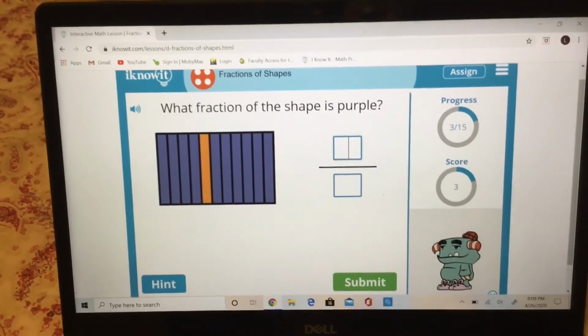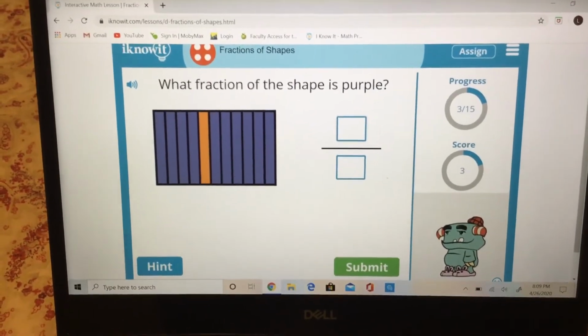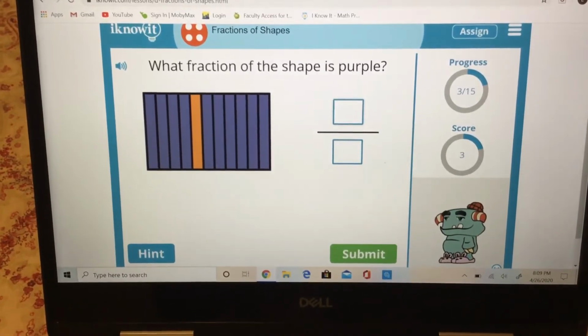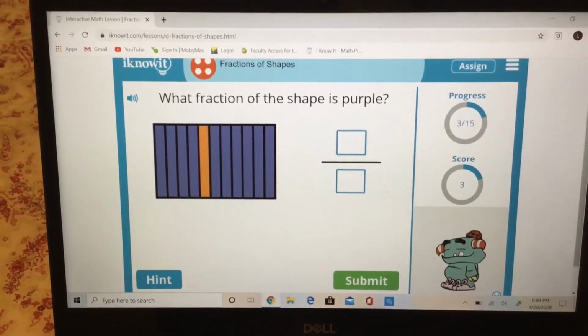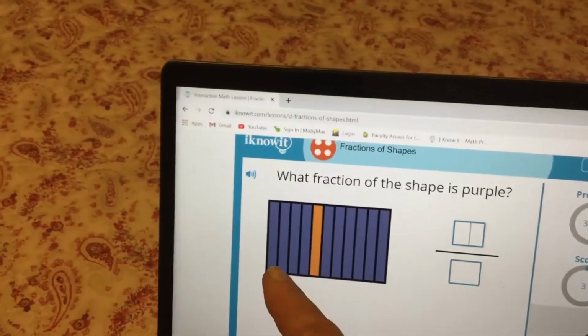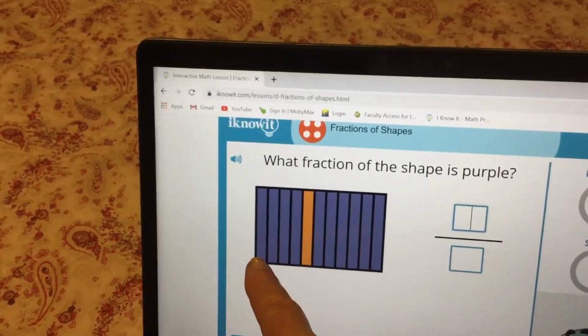What fraction of the shape is purple? Aha. This is perfect. What fraction of the shape is purple? So that is going to be your numerator.